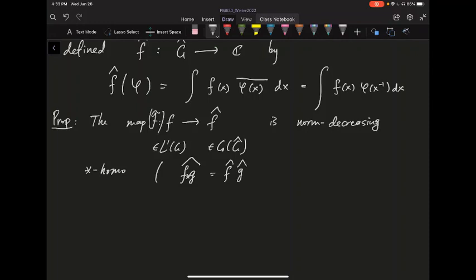So here everything is abelian, so because our group is abelian, it doesn't really matter the sequence. And if you do the involution of this f, and you do the Fourier transform of that, then what you have is something like the f of x inverse.